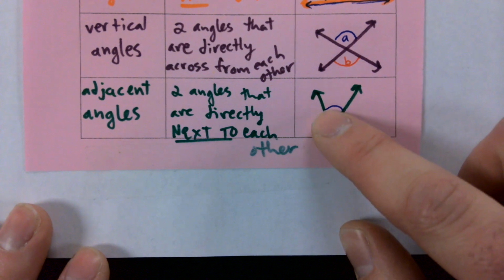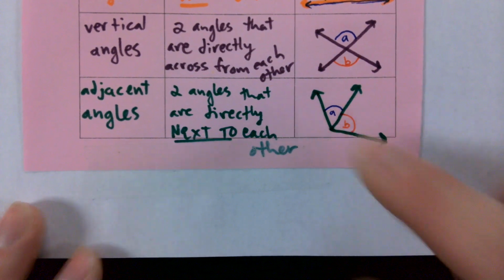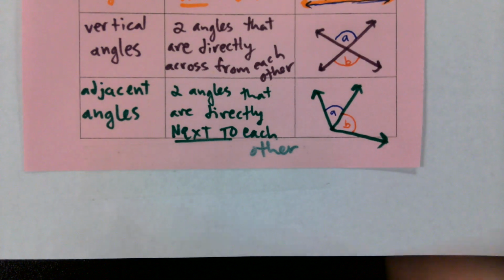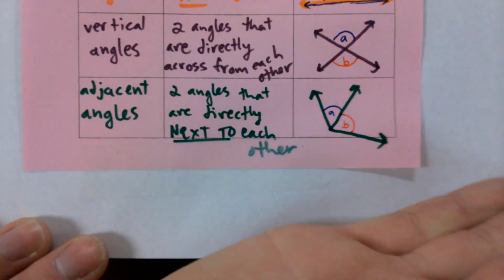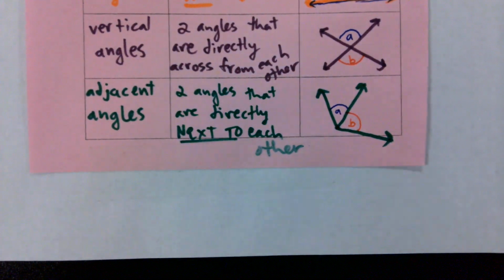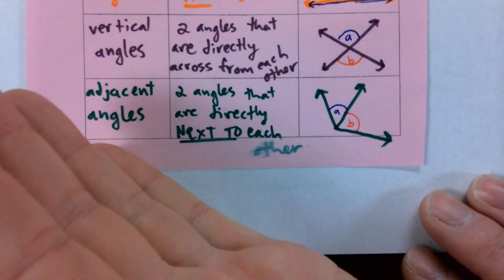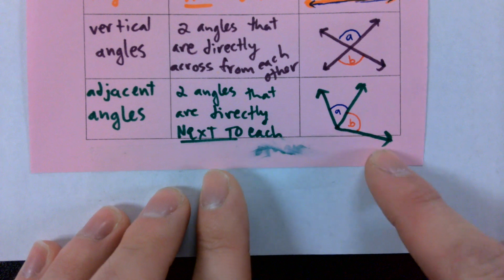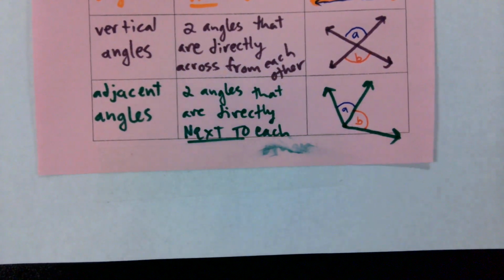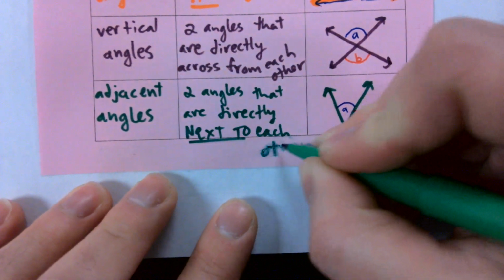It's the right side of our angle A and the left side of our angle B. So those are our adjacent angles. Now, if we made angle B a little bit flatter, we might have a complementary relationship, but they'd still be considered adjacent angles. If we opened A up a little bit more and made a nice flat line on the bottom here, then we would have supplementary angles, but they would still be considered adjacent angles.